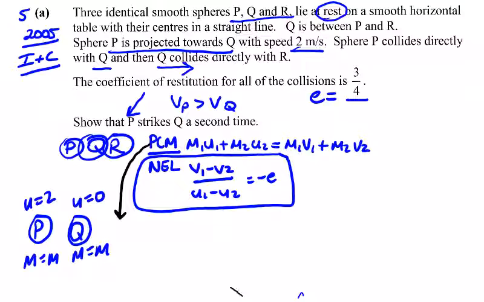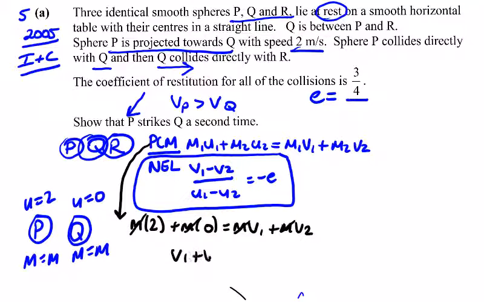Let's find them. The m's are all the same. m times 2 for P plus m times 0 for Q is equal to mv1 plus mv2. Dividing by m, we get v1 plus v2 is equal to 2 for our first equation.